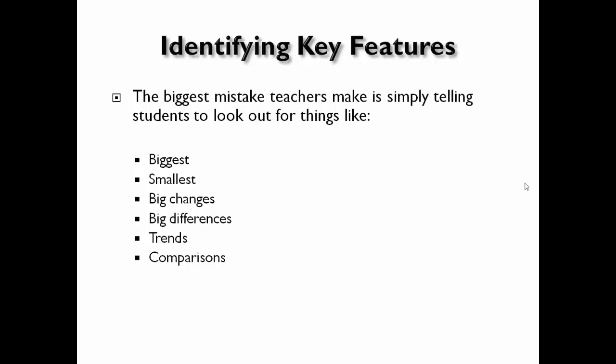The biggest mistake teachers make is simply telling students to look out for things like these. I've watched lots of teachers teach IELTS Task 1, and when it comes to identifying key features, the teacher just stands at the front of the room and says, look out for these things, look out for the biggest thing, the smallest thing, the biggest changes, the biggest differences, the biggest trends, the biggest comparisons. And I did this too. When I first started teaching IELTS many years ago, I told my students this.